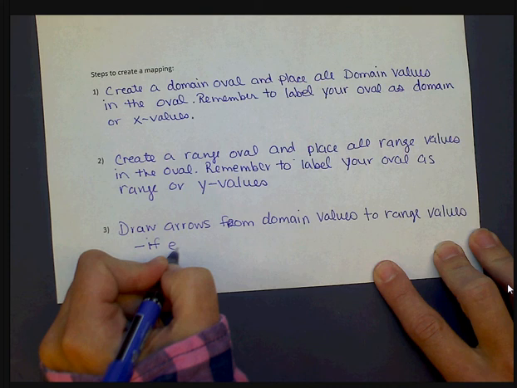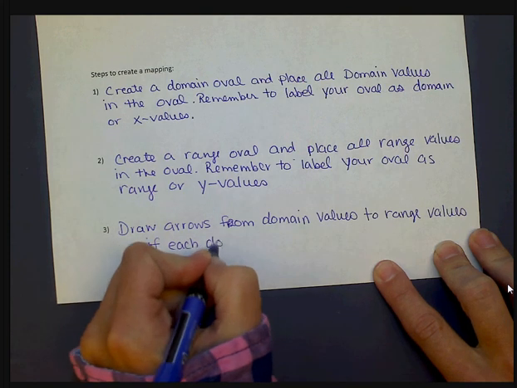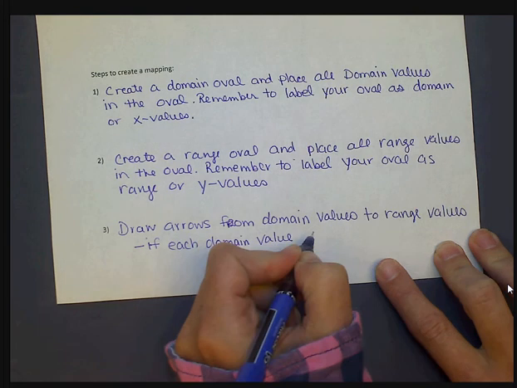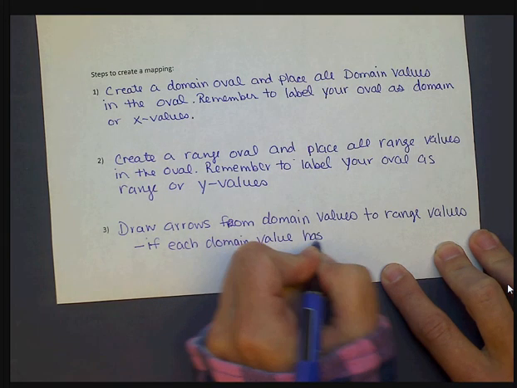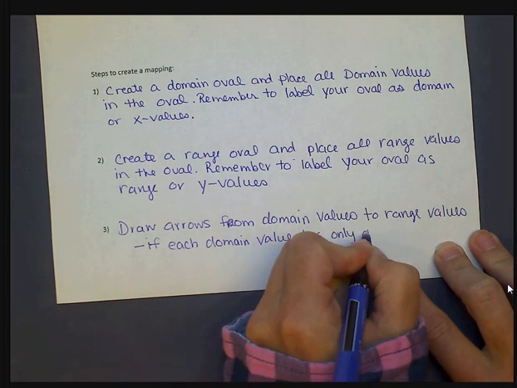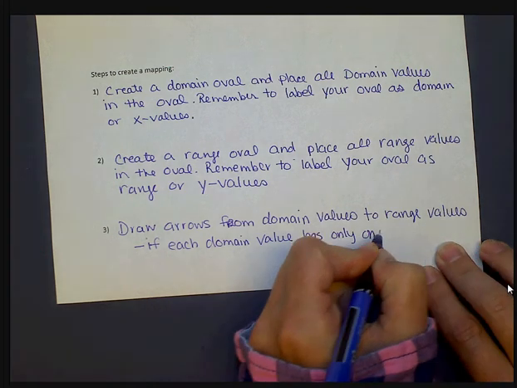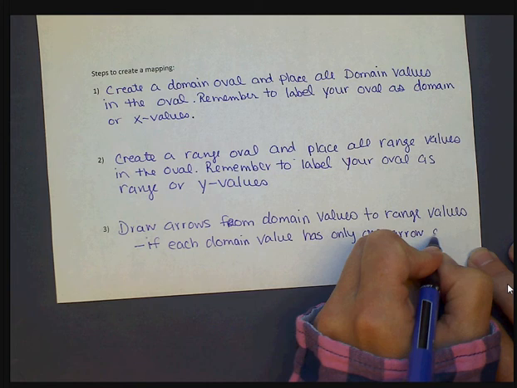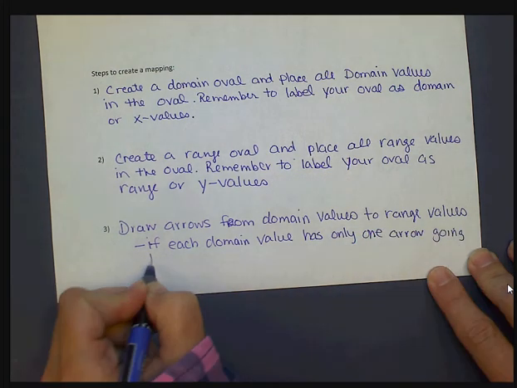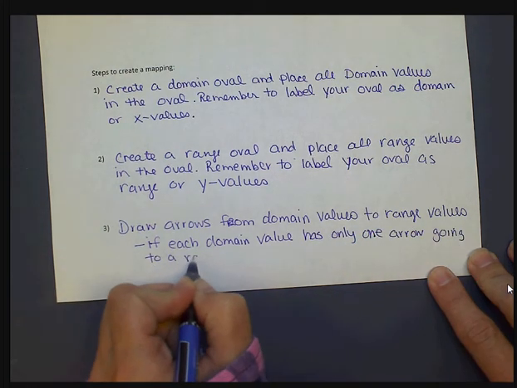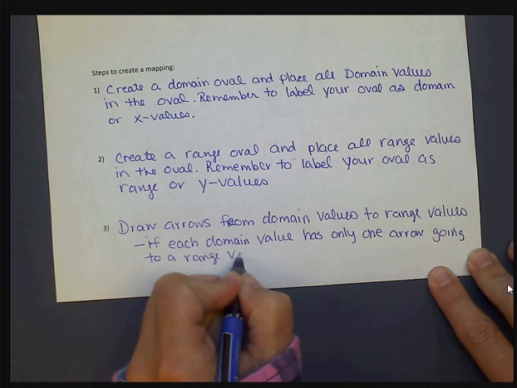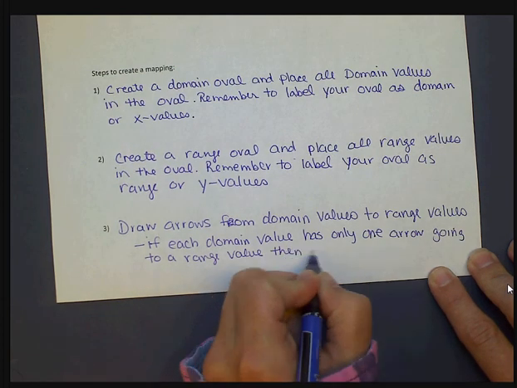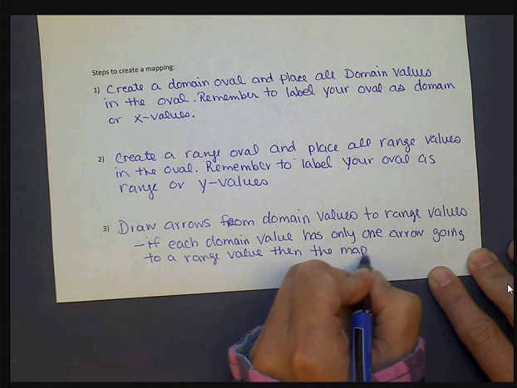If each domain value has only one arrow going to a range value, then the mapping is a function.